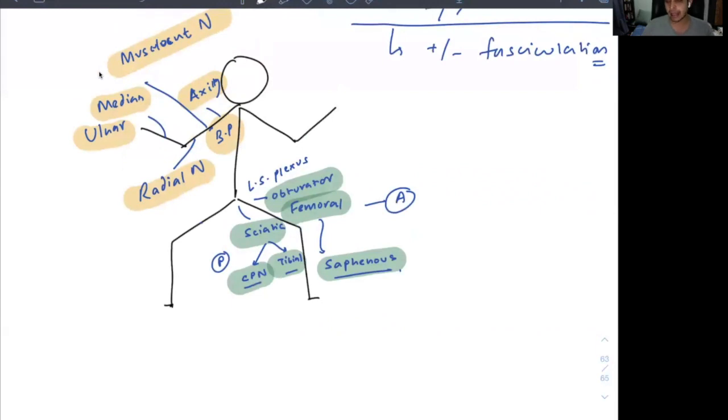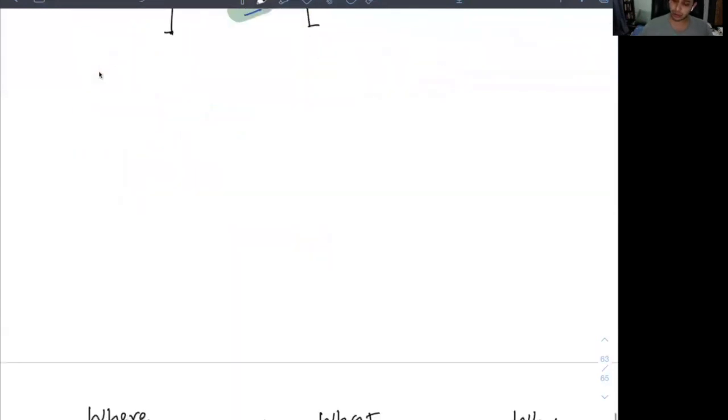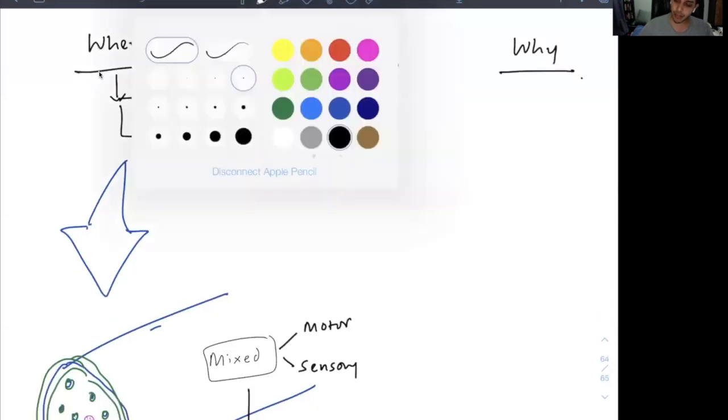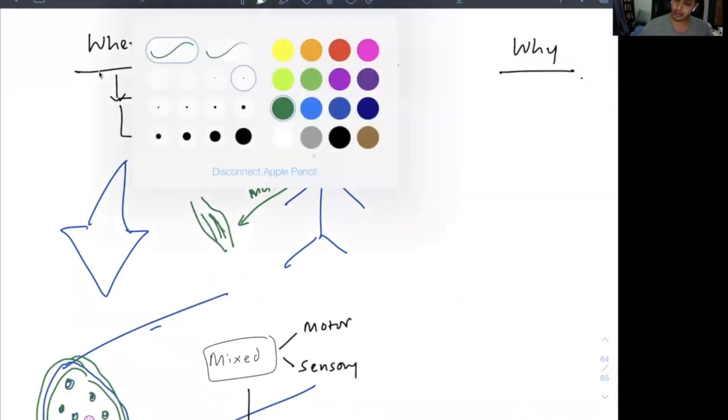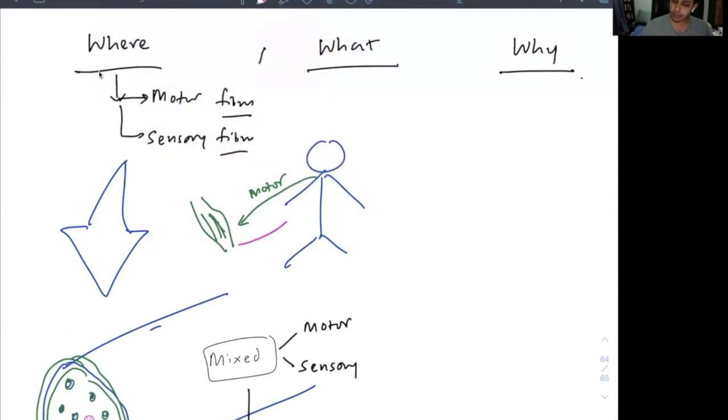So that means they carry fibers from the spinal cord into the muscle, which is the motor nerve, and they carry fibers from the muscle and the skin and the bone and the joints back to the spinal cord, which is the sensory nerves. So most of the nerves are mixed nerves.